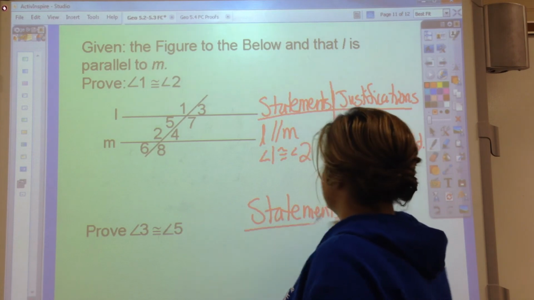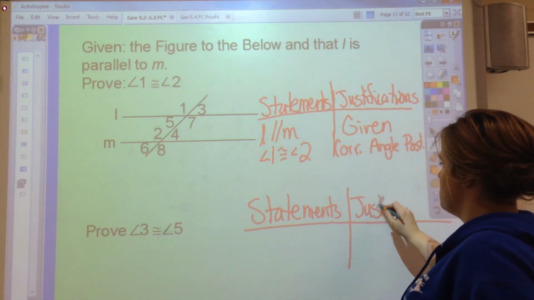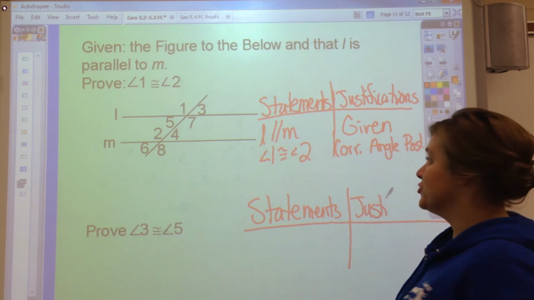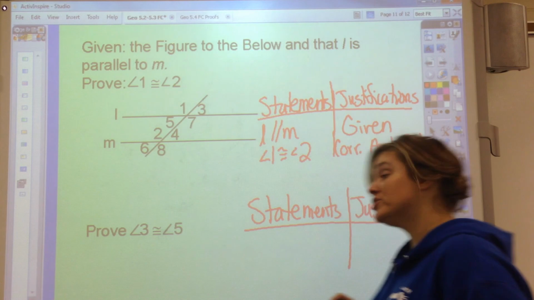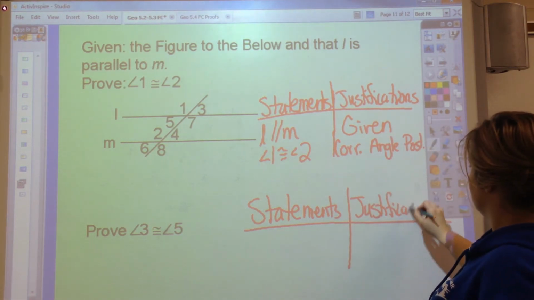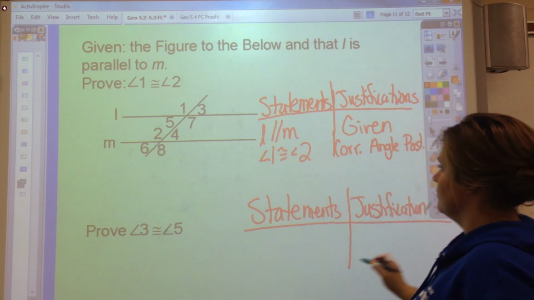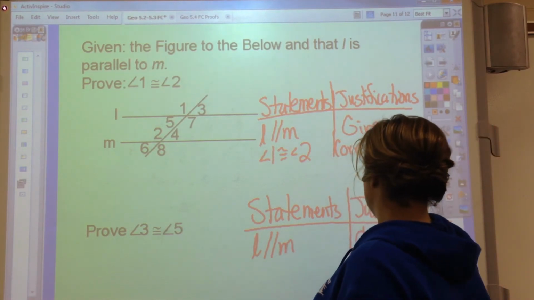What kind of angles are 3 and 5? That's right, they're vertical angles, right? So how do I know that vertical angles are equal? Is it a definition or is it a theorem? I'm going to start with L is parallel to M, and that's what I'm given.